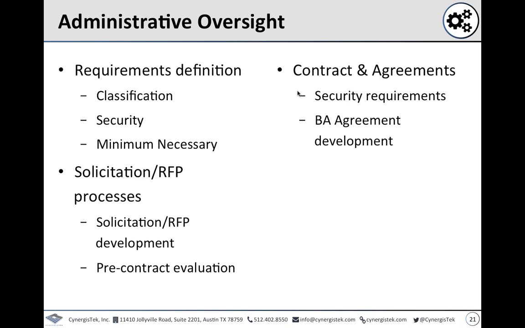The first is to make sure that you're identifying and limiting the type of information that you're sharing with your business associate. So, for example, if you're using a business associate who's going to be providing billing for an emergency department, then the healthcare provider should only send the information that's necessary to fulfill that purpose.